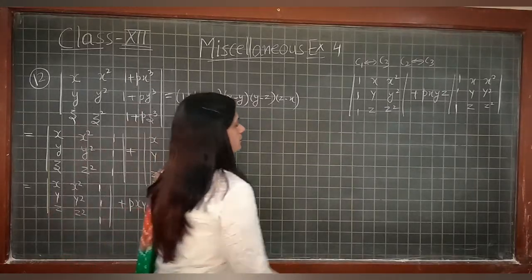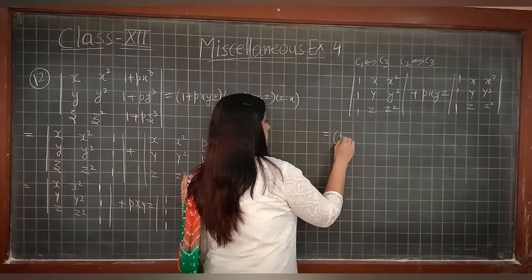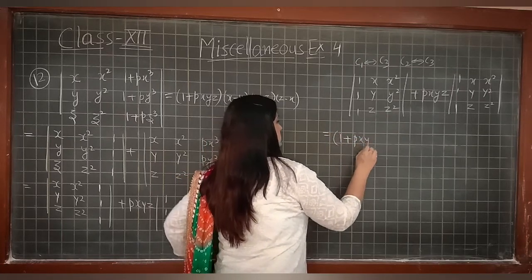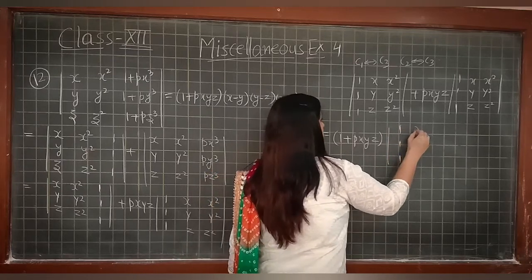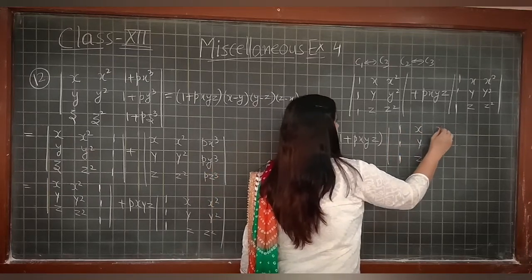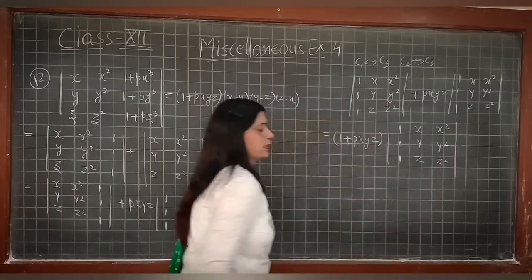Okay. Now this is common in both, so it will be equal to 1 plus pxyz into 1, 1, 1, x, y, z, x square, y square, and z square.